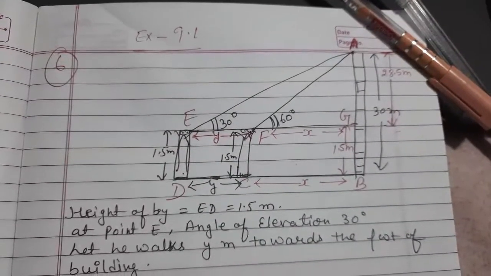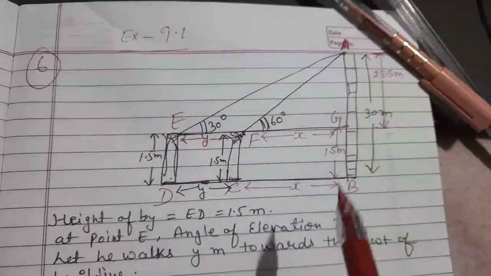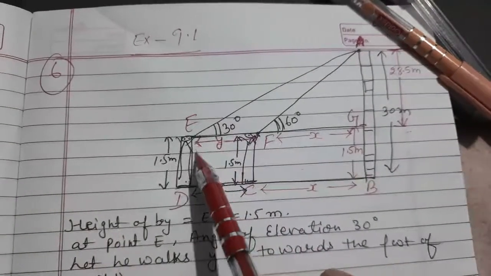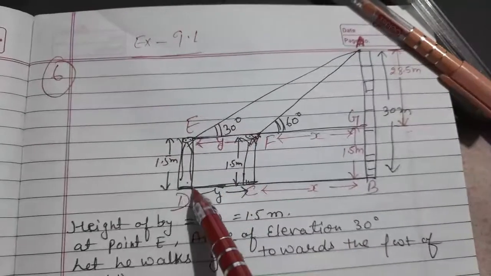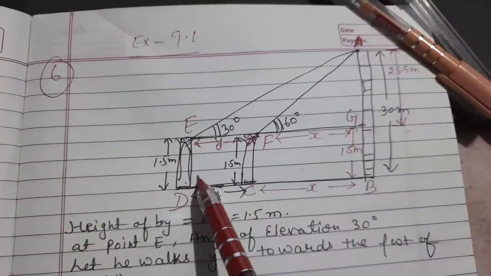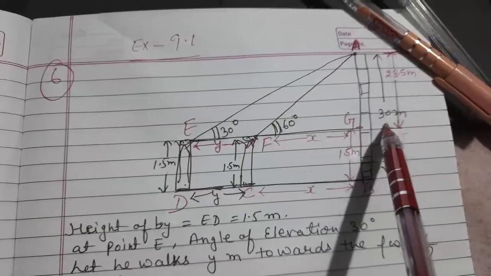So according to the question, I have drawn a diagram, and now I'll explain it. A boy whose height is 1.5 meter is standing at the point D and he walks towards a building. The height of the building is 30 meter.